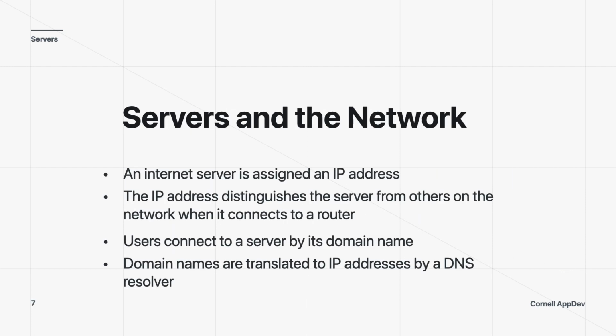And so, how does a server get recognized on the network? And that is the IP address. So, an internet server is assigned some, I guess you could call it a name, and it's what distinguishes the server from others on the network when it gets connected to a router.